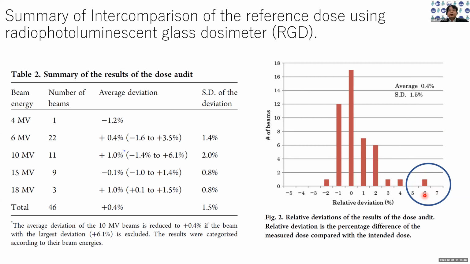This difference corresponds to a 5% underestimate of the correction factor of temperature and pressure, which leads to an overdose of exactly the same percentage. As a result, the 6.1% overdose measured by our dose audit could be attributed to this mistype.